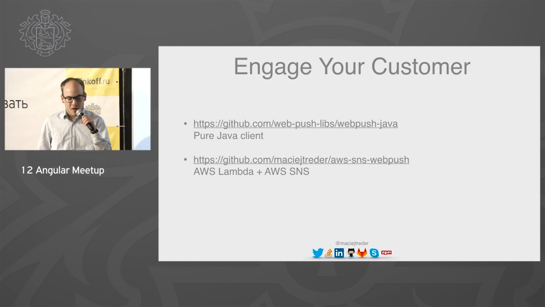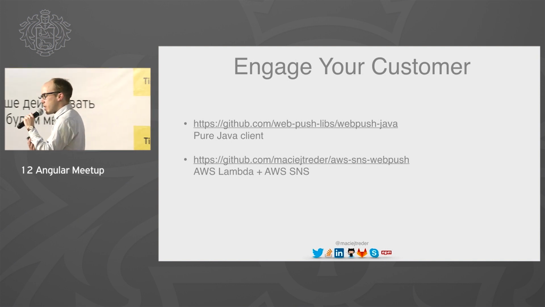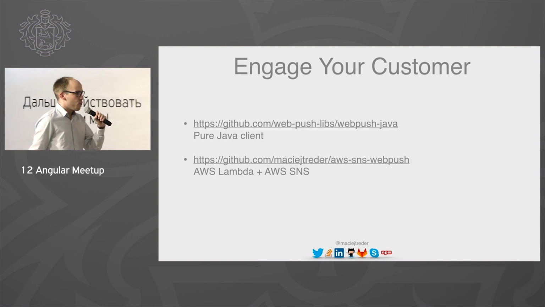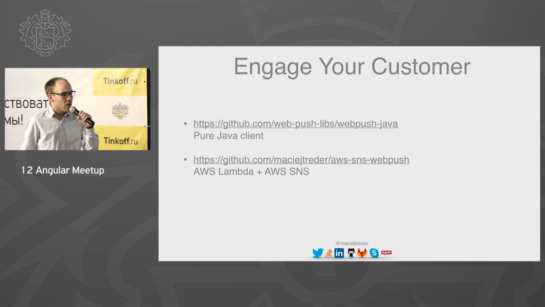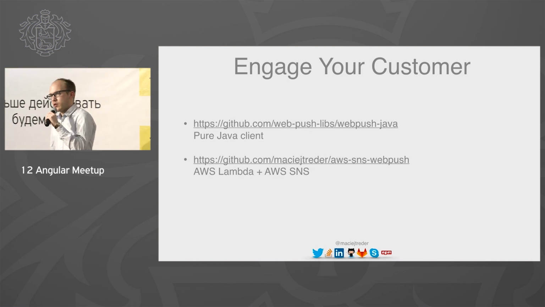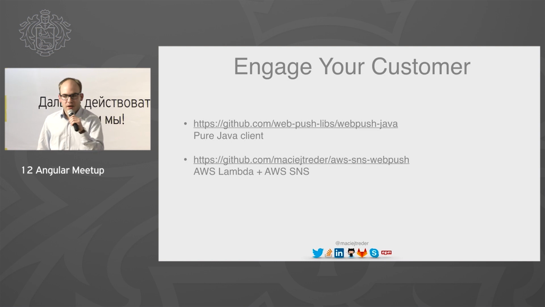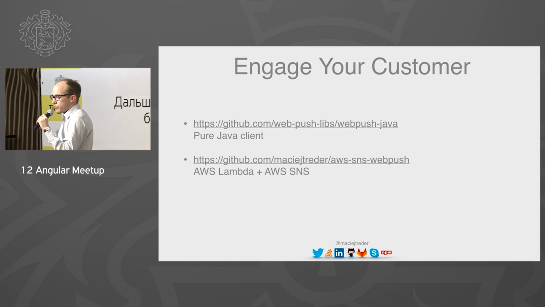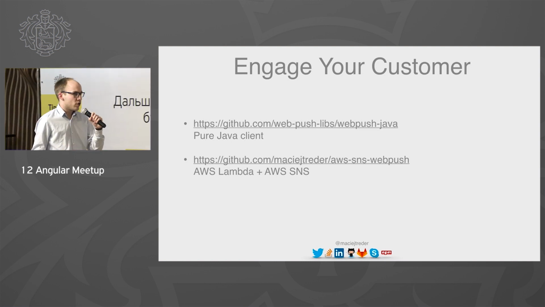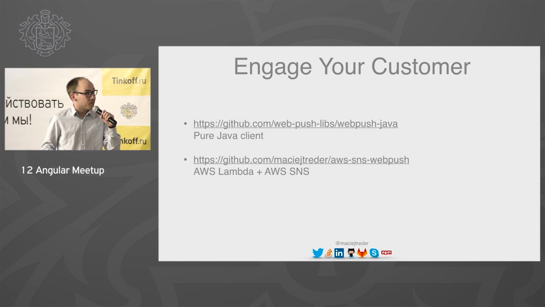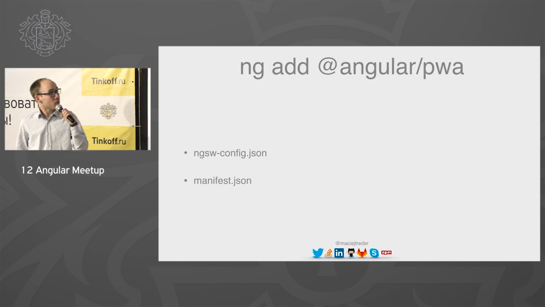The second one is my adaptation of that to provide the possibility of pushing notifications via Amazon Web Services Simple Notification Service. Amazon has quite a nice offer. You can build a lot of your applications mostly for free. In fact, you should check that.